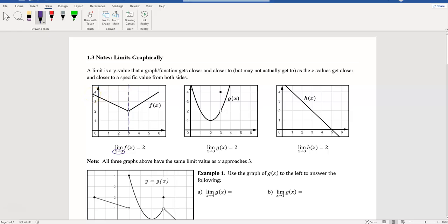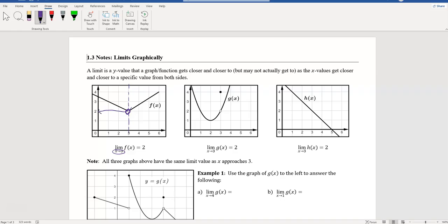If I start on the left side of this graph, I go closer and closer to that vertical line. And as I do, I get closer and closer to that open circle, right? Now, the limit is the y value of that point. So the y value of that point is 2. So you're looking at this point right here where the x value is 3, and the y value is what you give as your answer.